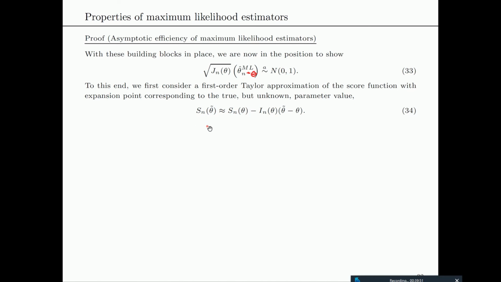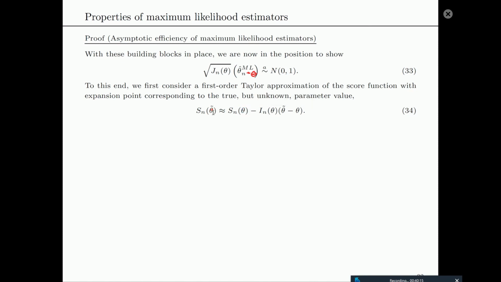So the way to show this works is that we start with a first order Taylor approximation of the score function in the expansion point of the true but unknown parameter value. So we write the score function with respect to theta tilde.